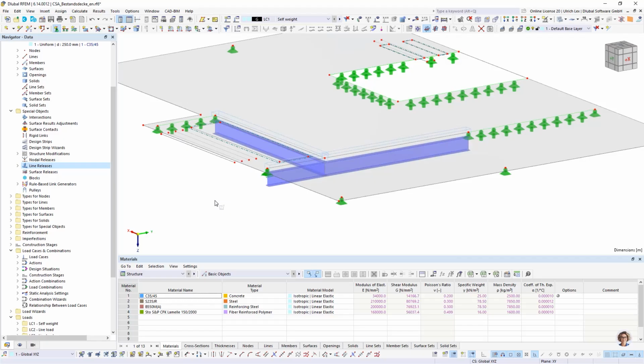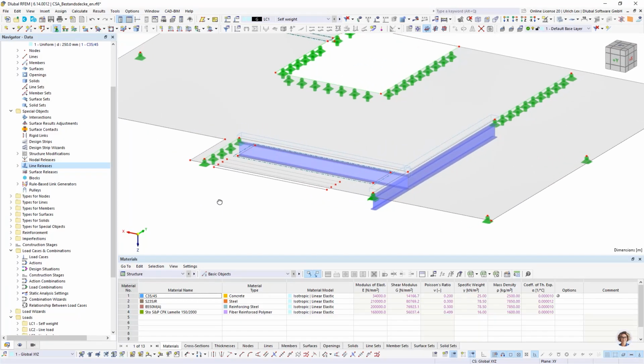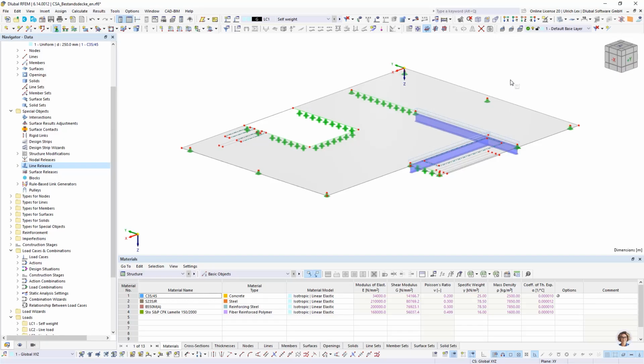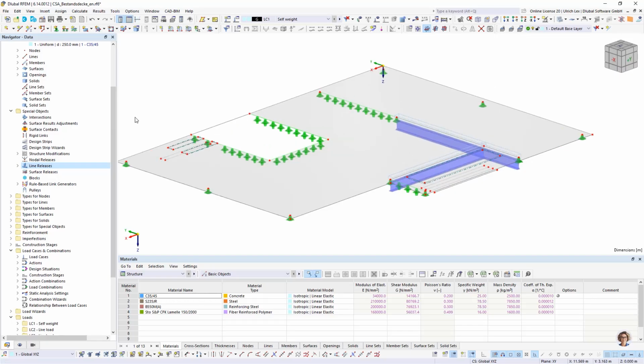Okay. So this is all for the moment. Then we can continue with the creation of the stages.